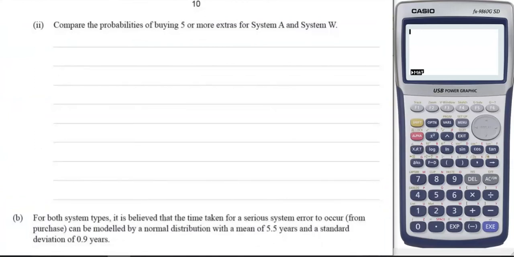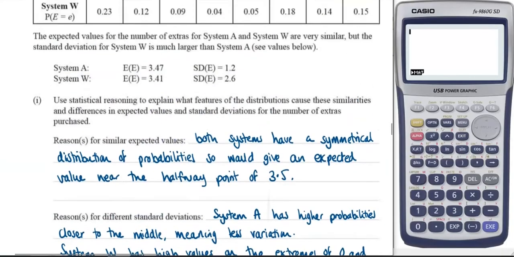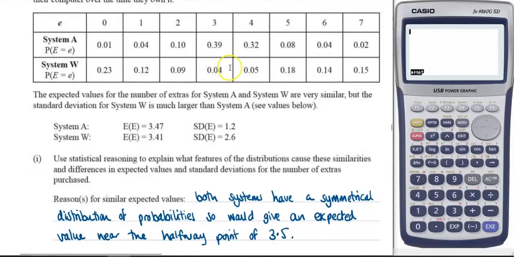Compare the probabilities of buying 5 or more extras for system A and for system W. So 5 or more on system A. Let's go back to that table. We've got these 3 values here: 0.08, 0.04, 0.02.